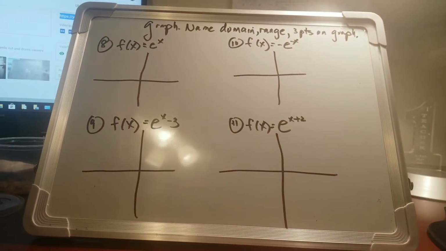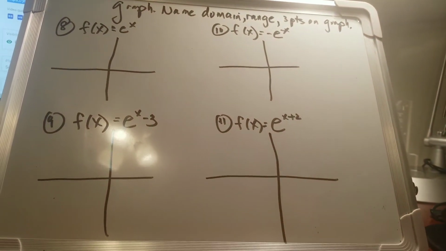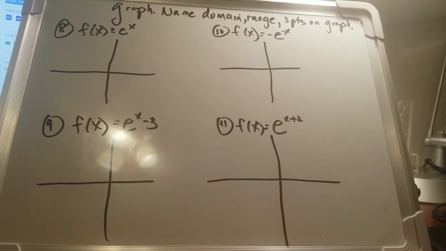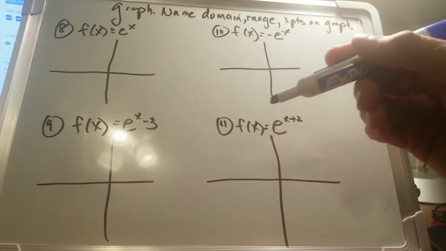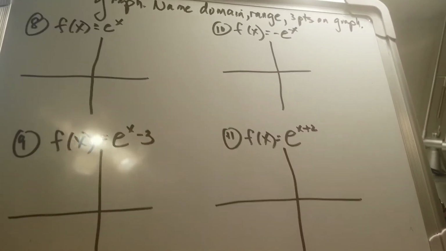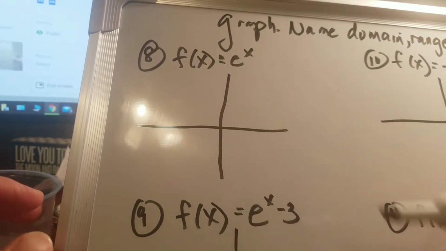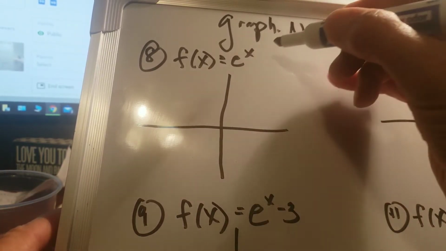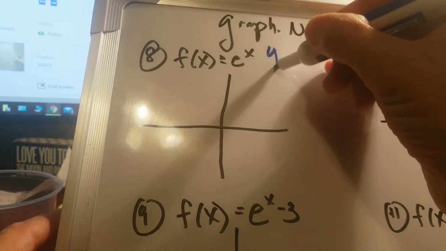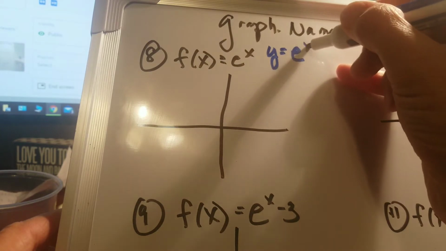We are now going to do some transformations and name the domain, range, and 3 points on the graph. These problems have been on final exams, so please make sure you know this. I will now do each one, and I'll zoom in on it for you. If you're doing f of x equals e to the x, that's the same thing as y equals e to the x.